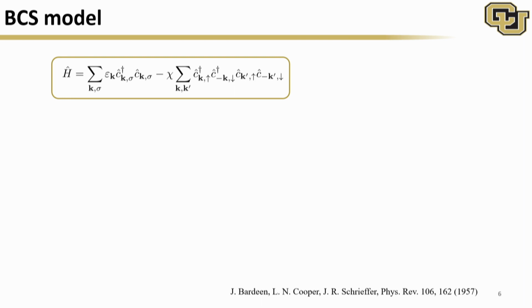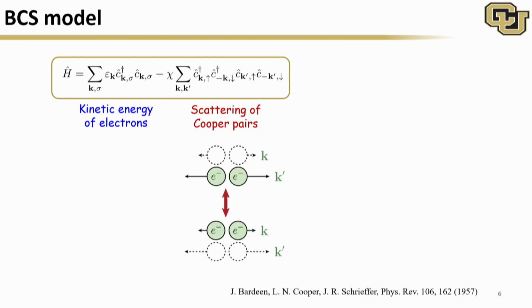So here I would first like to show you the Hamiltonian of the BCS model. The first term describes the kinetic energy of the electrons, and the second term describes the scattering of the Cooper pairs. Bardeen, Cooper, and Schrieffer pointed out that the most important part of this interaction is that electrons with opposite momentum form Cooper pairs, and the interaction process is that Cooper pairs in one momentum are scattered to another momentum.